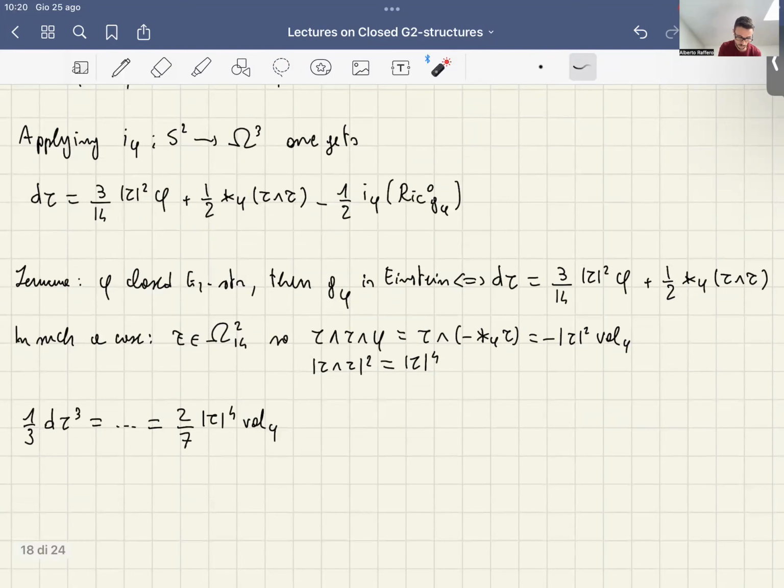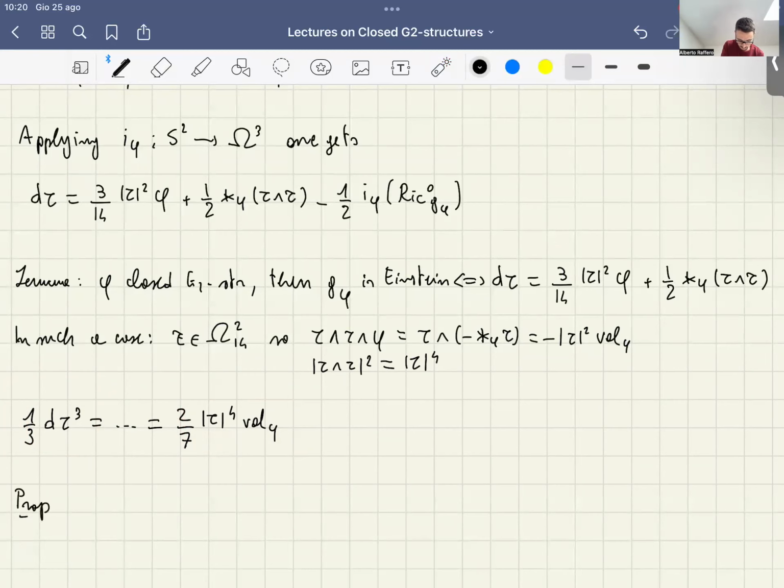So if you have a compact manifold and you integrate this expression over a compact manifold, then this object here will be 0 because of Stokes' theorem. So in this case, this implies that actually the norm of tau has to be 0, and so that tau has to be 0.